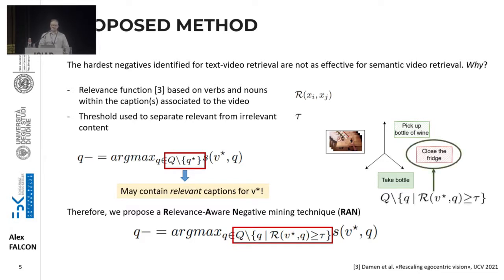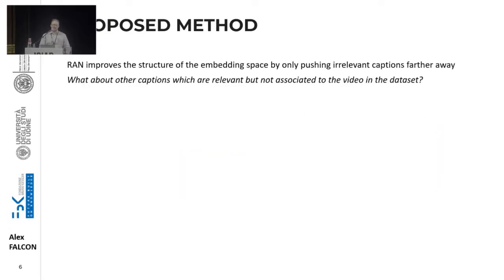In this case, it means that "pick a bottle of wine" is now excluded since it has a high relevance to V-star, whereas at the same time "close the fridge" has a low relevance, so it is still a valid negative caption. With this, we deal with the negatives.